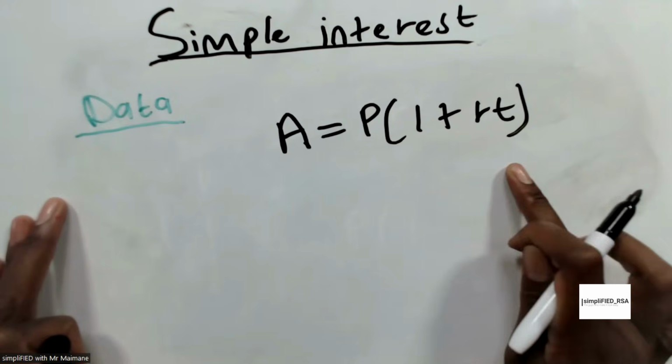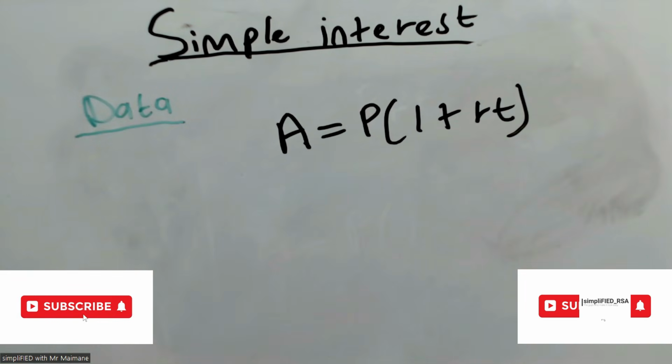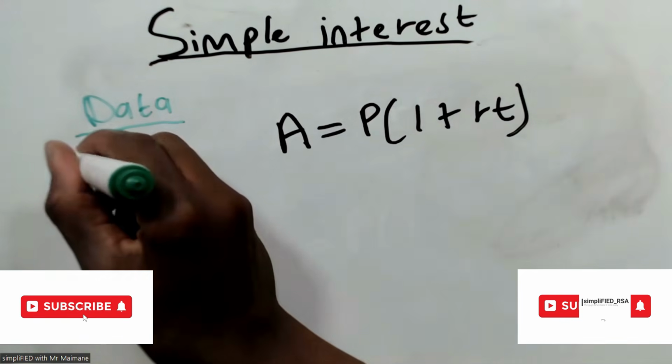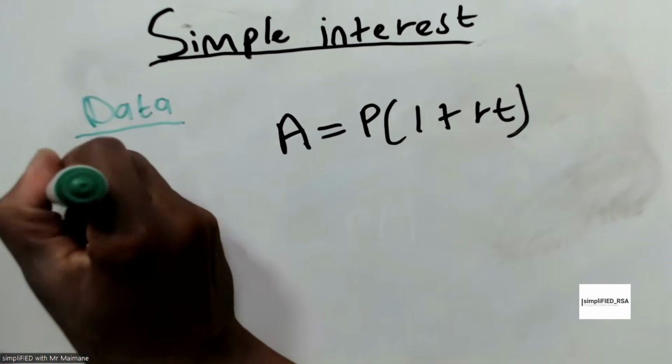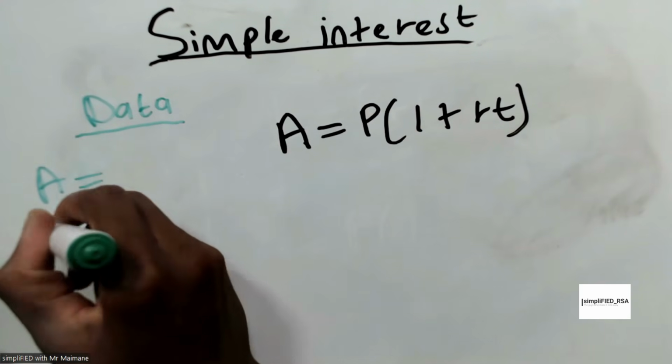You already know you're going to use this equation because the word simple interest was mentioned in the question. But you can show which values you have and which you do not have.